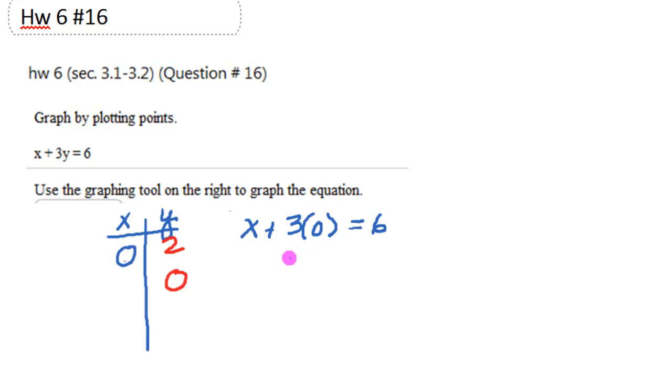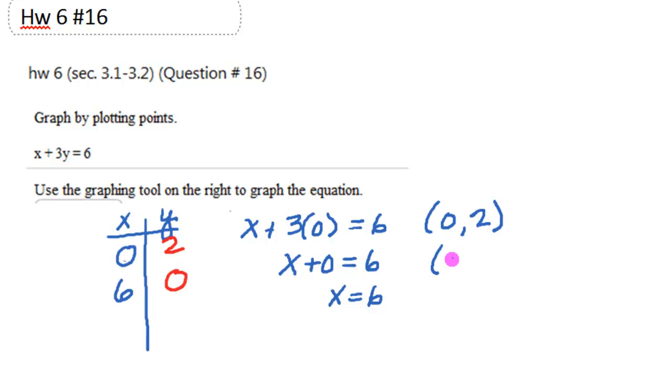And then 3 times 0 is 0, right? So we get x plus 0 equals 6, or x equals 6. So here's your other ordered pair, (6, 0). So here are the 2 pairs we're going to graph in my math lab, (0, 2) and (6, 0). And they came from our table. Okay, they came from the table.